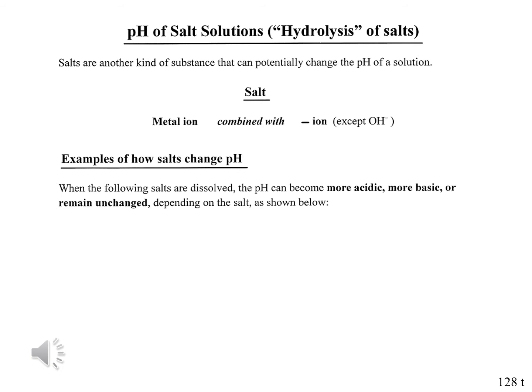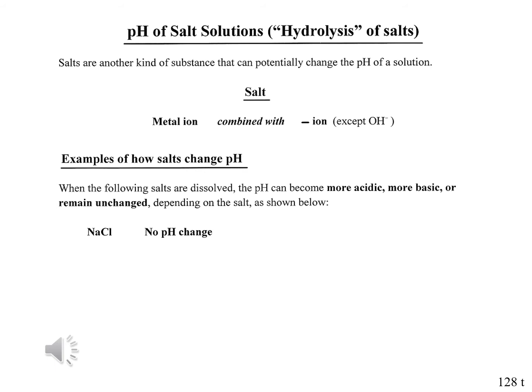I can give you the following results: when you dissolve salts, the pH can either become more acidic, more basic, or stay unchanged depending on what the salt is. If you take the pH of a solution and then dissolve some table salt, sodium chloride, the pH does not change.